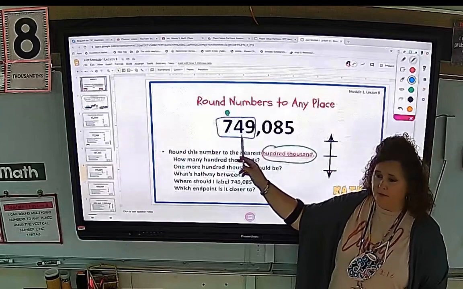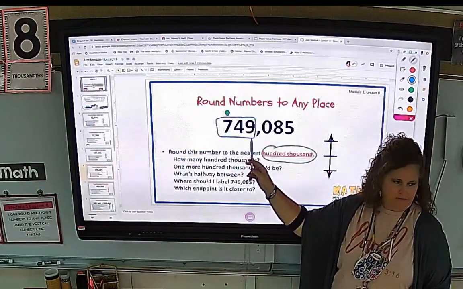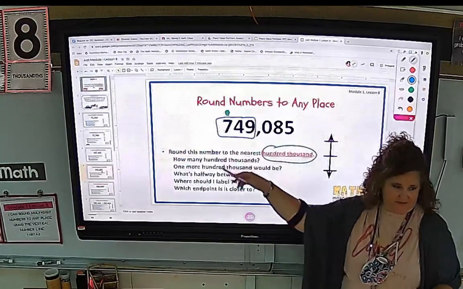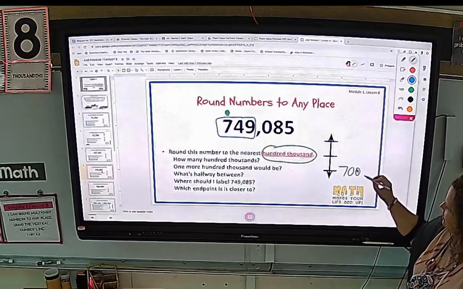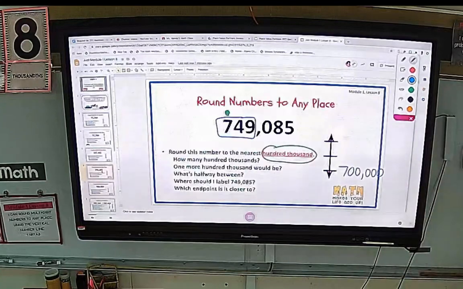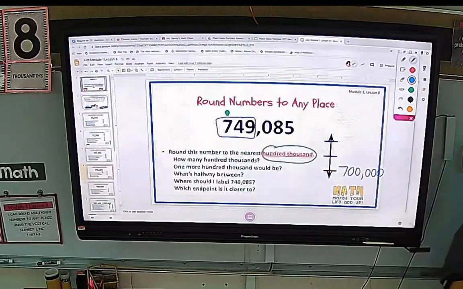Are these big enough to be 100,000s? No. Are these big enough to be 100,000s? No. So big brother gets to be by himself this time. There are 700,000s, which looks like this in standard form.